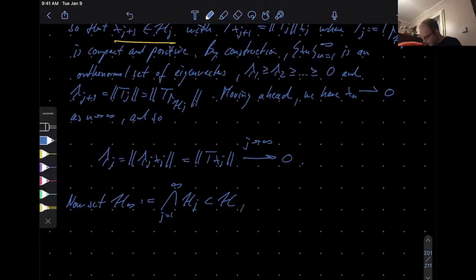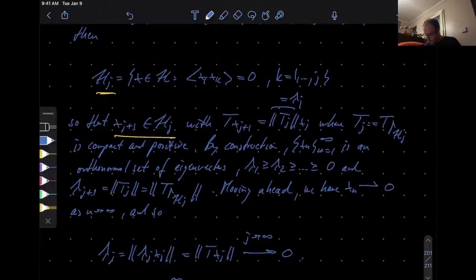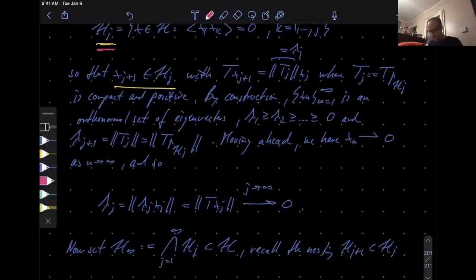Recall that our H_j's are nested. So the next one is sitting in the previous one. You can see this by the definition up there. In H_j you have all vectors that are orthogonal to j vectors. In the next instance, you have all vectors that are orthogonal to the first j ones plus one more, right? So that's clearly going to be a subspace of the previous one.